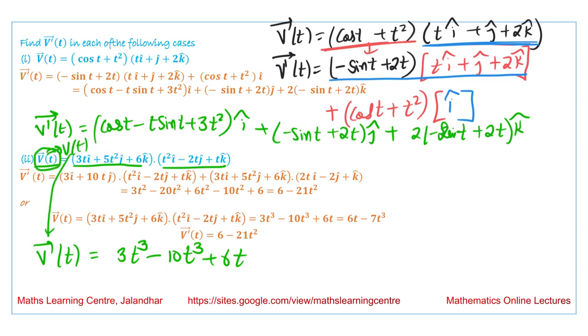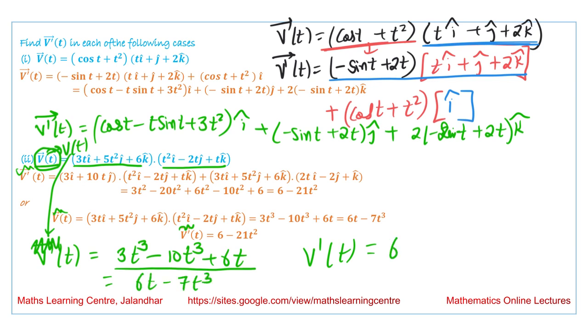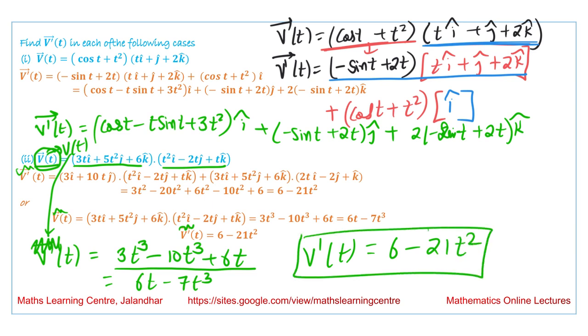The answer is a scalar value, so we are not putting the vector sign here, and when we differentiate this value, we get V dash t, again without the vector sign. It is the normal differentiation. When you differentiate these values, you obtain 6t minus 7t cube, so the answer is 6 minus 21t square. So this is the derivative of this function.